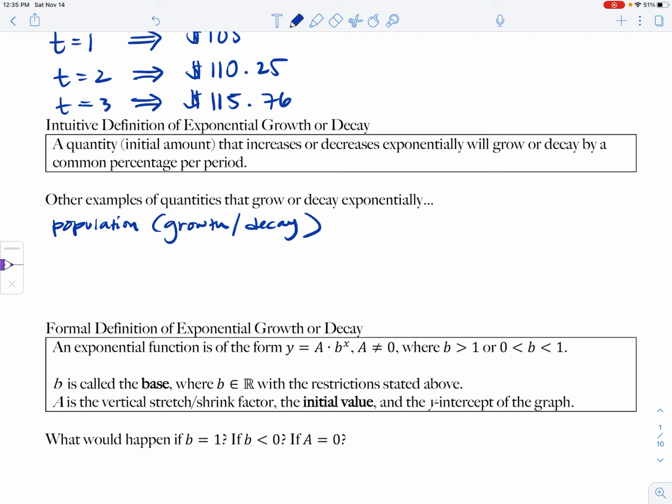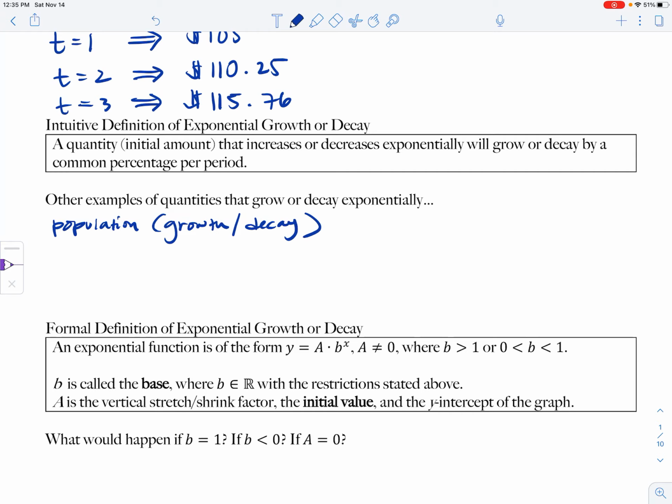So that population, you can end up talking about population growth or decay. Population in biology, you guys will talk about how the Earth's population at one point for a period of time was exhibiting exponential growth.